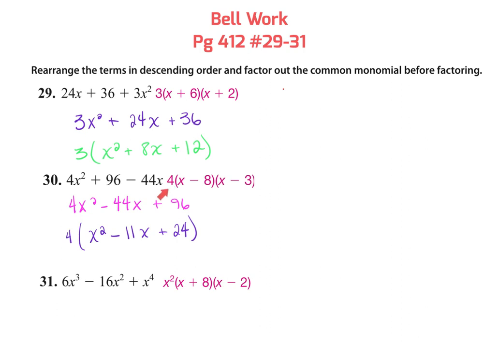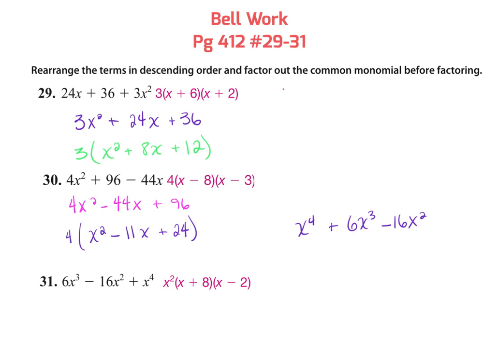And make sure that you keep that common factor on the outside that you took out to begin with. The last one we need to rearrange first. So if I rearrange it, I'm going to put my x to the 4th first, then my 6x cubed, then my minus 16x squared. If I look at the numbers, I actually can't take anything out. 1 is my greatest common factor between the numbers.